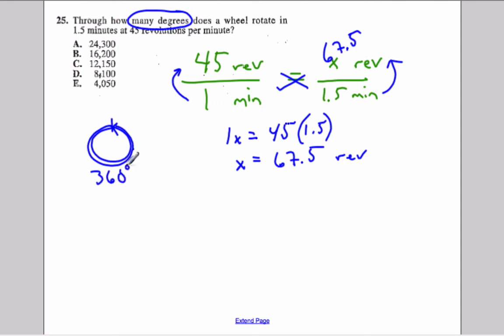So if we go 67.5 revolutions, and each revolution is 360 degrees, let's go ahead and multiply those two. 67.5 times 360 is 24,300 degrees in total. It's rotated a full 360 degrees each rotation for a total of 24,300. So my answer is A.